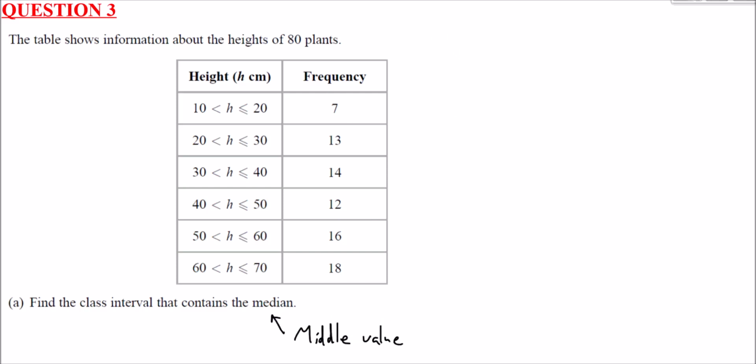Now there's 80 plants. So imagine these put in order of height. Then the middle one would be halfway along roughly. So 80 divided by 2 is 40.